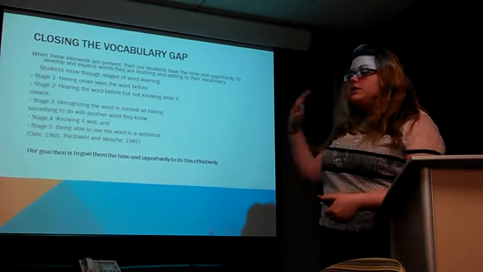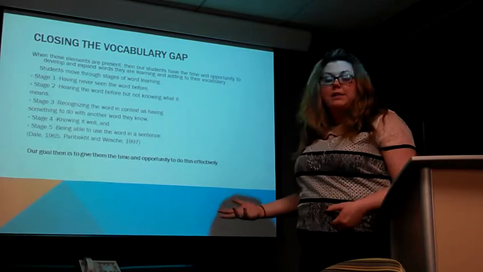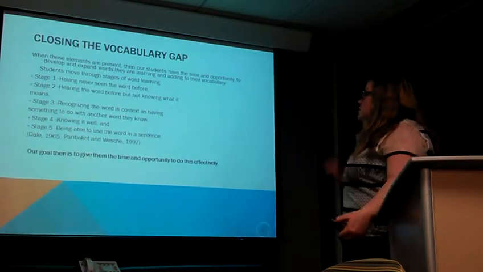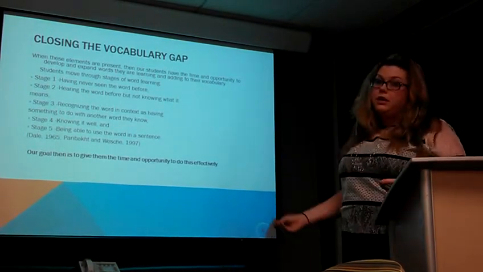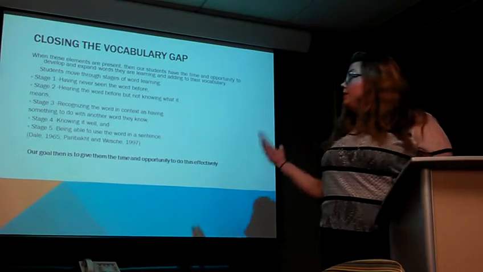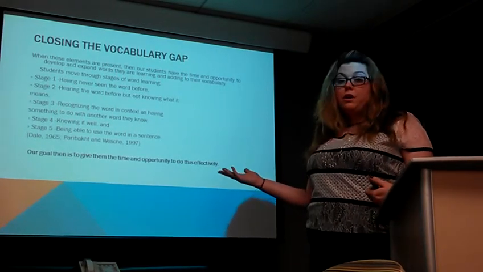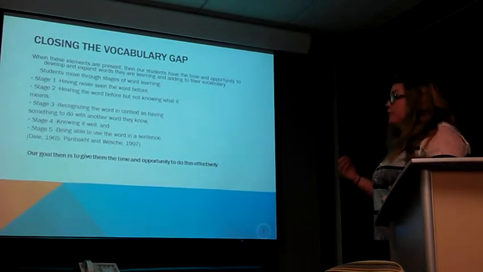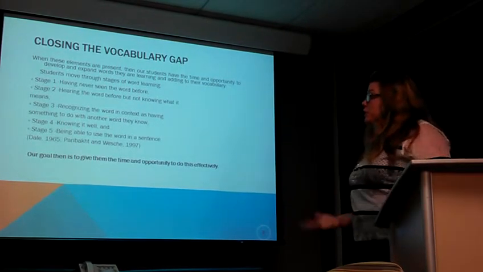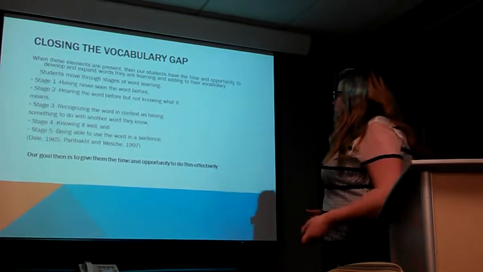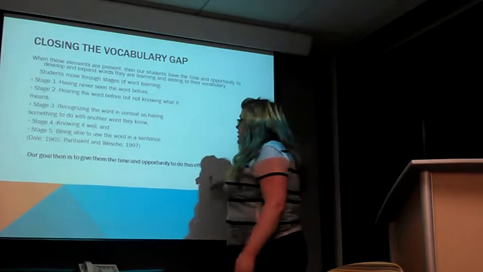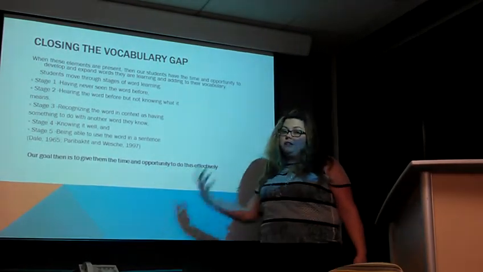Because our goal is not to have students just pass a test at the end of the week. It's giving them those skills so that when they go into college and they're sitting around a table with peers from professional families, they're able to converse at a high level. So our goal is to give them time and opportunity so that they can get to this stage 5 effectively.